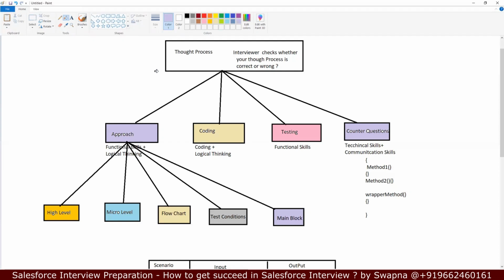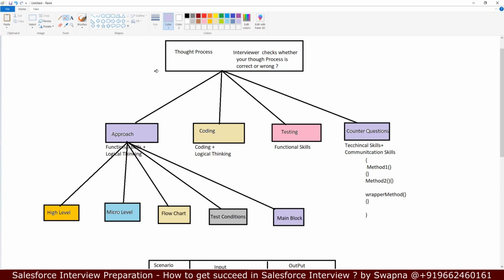Like, if you are doing it with this approach, why can't you go with a different approach? An interviewer who knows the approach might tell you, how about this approach? What is the difference between what you are thinking and the approach I have given? Which approach do you think is the good one, the one you are thinking of or the one I gave?